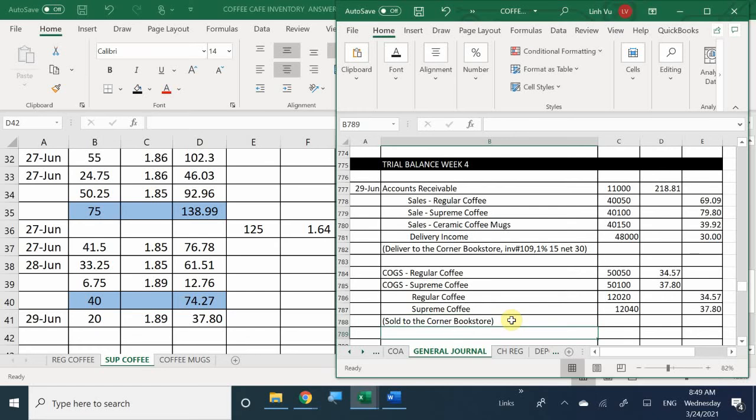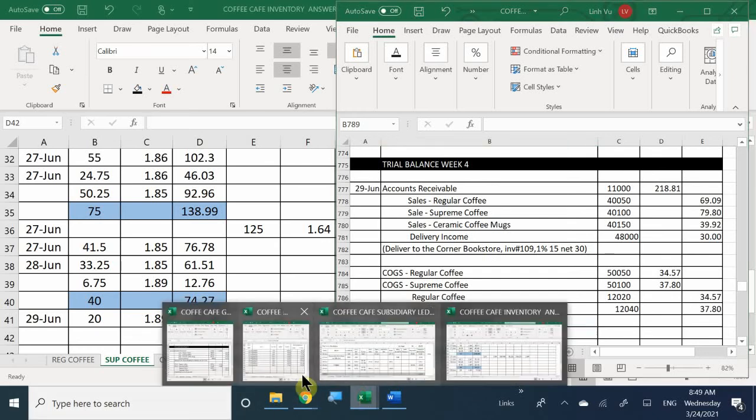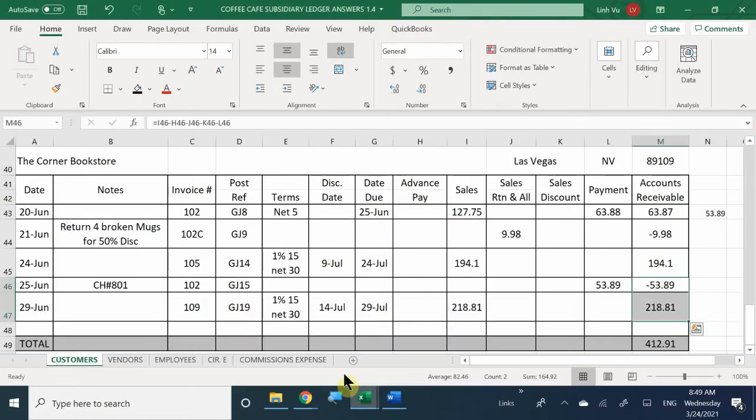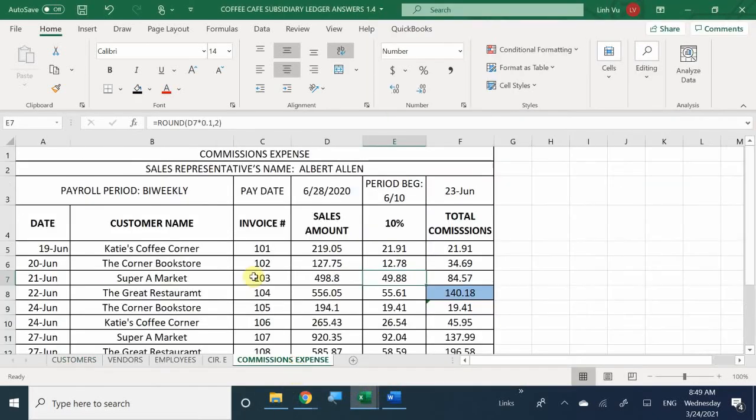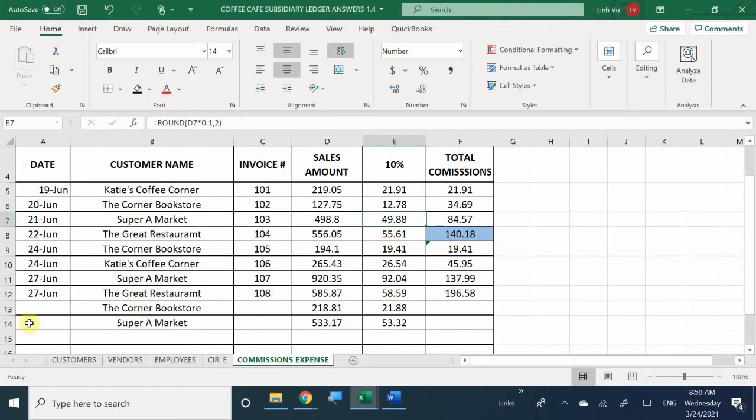Okay, so what is next? Commissions. Okay, we could do the commissions. Right, here's the corner bookstore. We delivered on the 29th. Invoice number 109 for the 218.81.